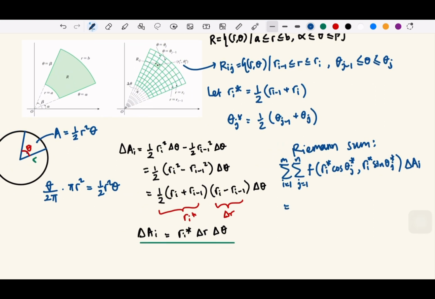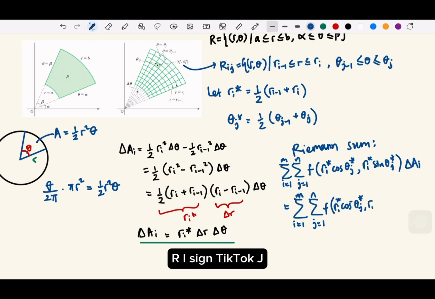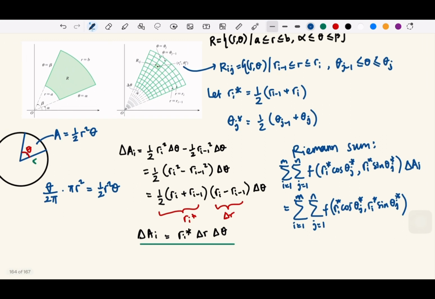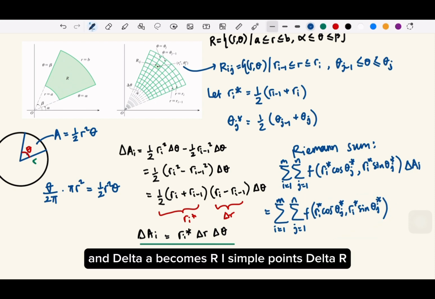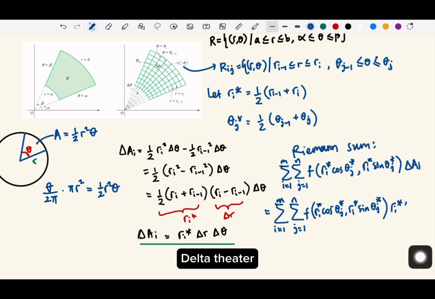This equals the sum of f of ri cosine theta j, ri sine theta j, and delta A becomes ri sample point times delta r delta theta.